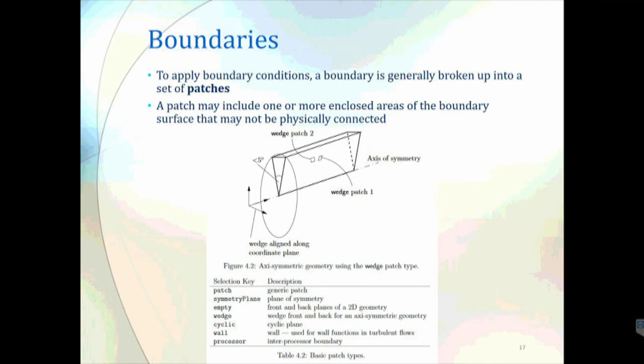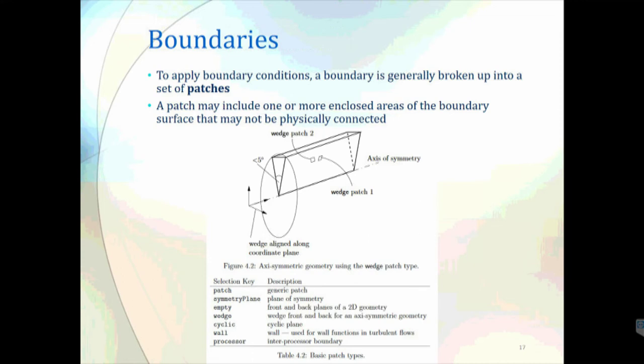As I described earlier, we can have different types of boundaries in OpenFOAM, and here we have a figure which is showing an axisymmetric geometry. So in order to define an axisymmetric geometry, which are the faces that have to be defined as axisymmetric or wedge boundary condition?